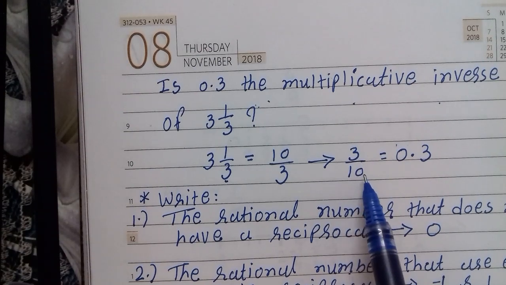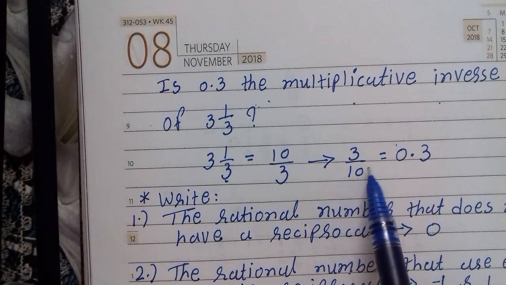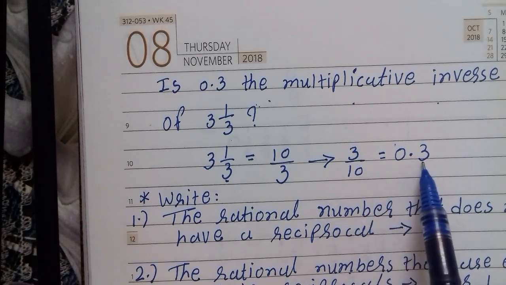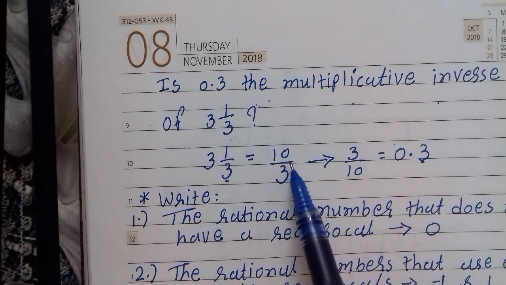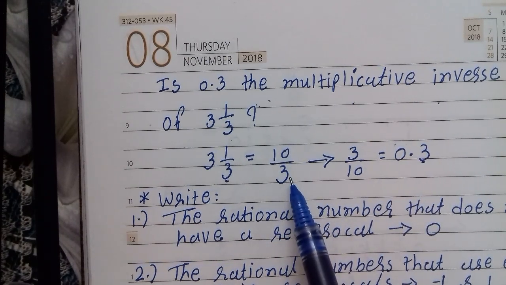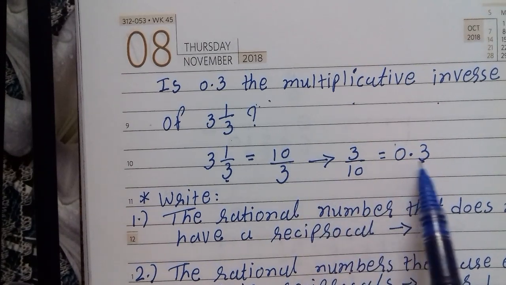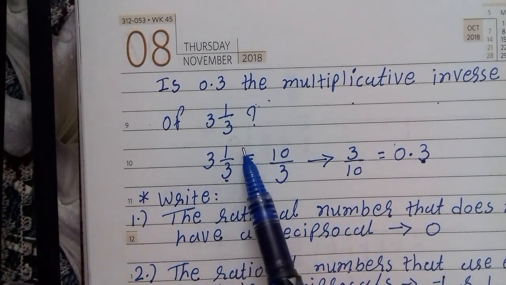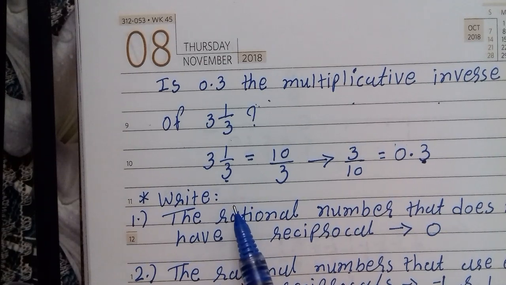And we can write 3/10 as 0.3 in decimal form. So 0.3 is the multiplicative inverse of 10/3. So we can say that 0.3 is the multiplicative inverse of 3 1/3.